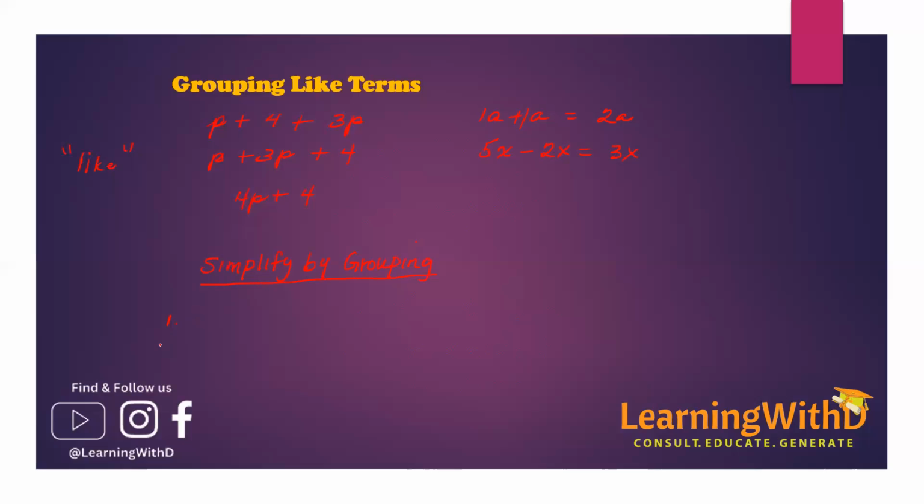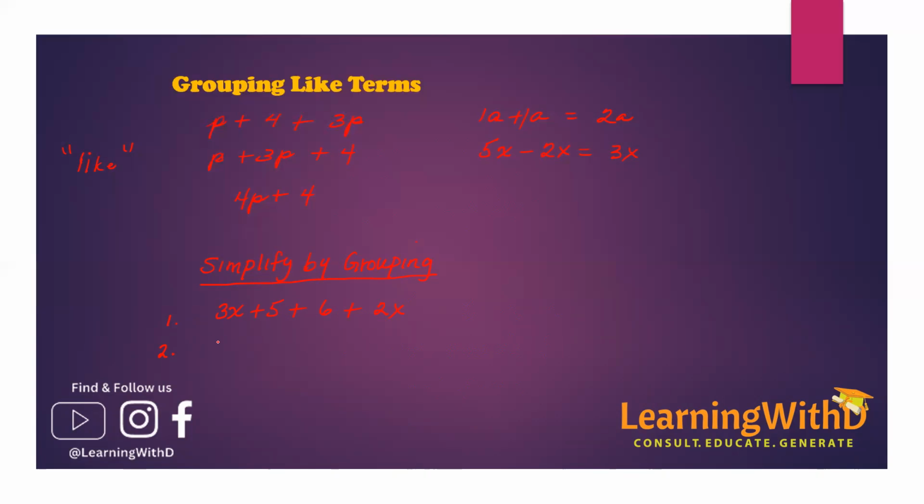You have 2 of them. So the first one you have to do is 3x plus 5 plus 6 plus 2x.